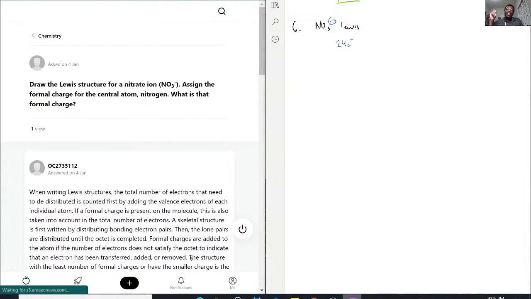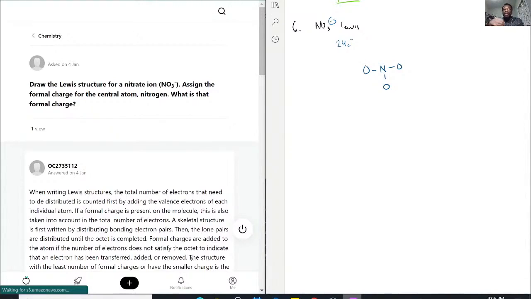So let's go ahead and draw with nitrogen in the center, not just because the question says so, but also because nitrogen just so happens to have the most unpaired electrons in its atomic form. So we have N, and we have the 3 O's, and supposedly it ends up being 1 minus.